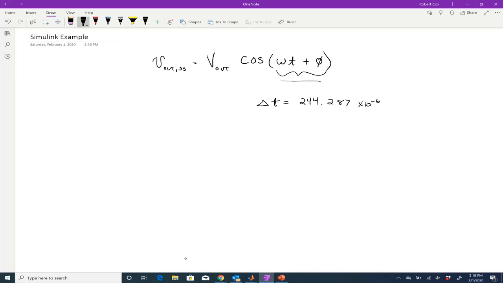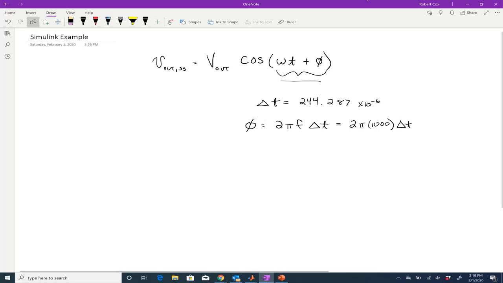So if I want to convert that to an angle, phi, that would be 2 pi f times delta t.